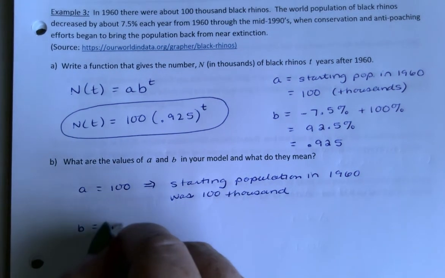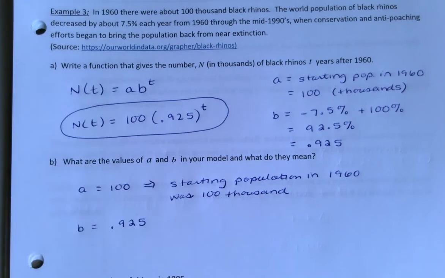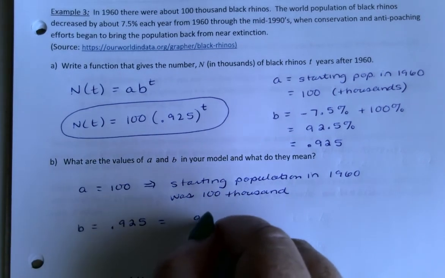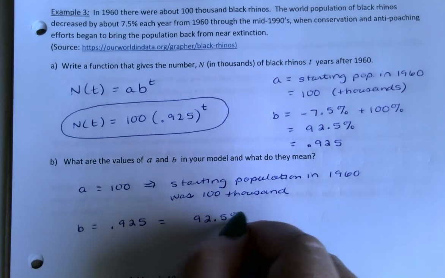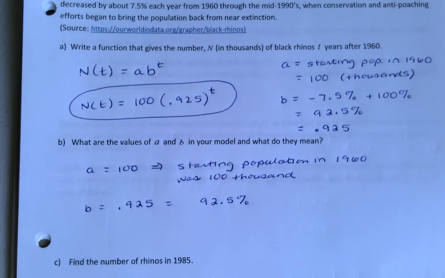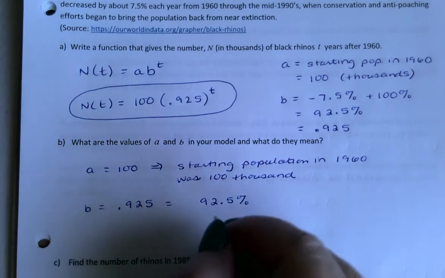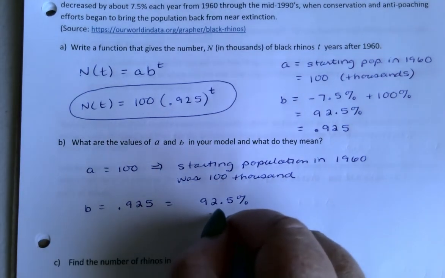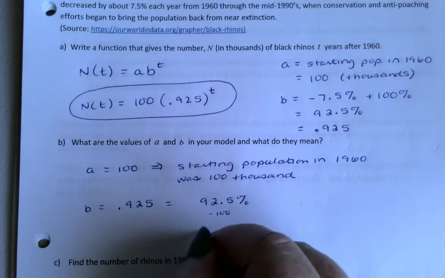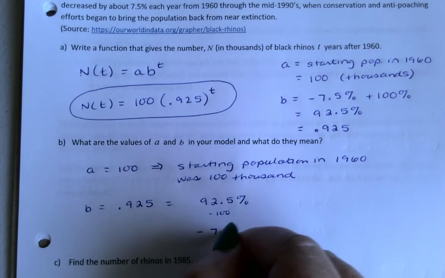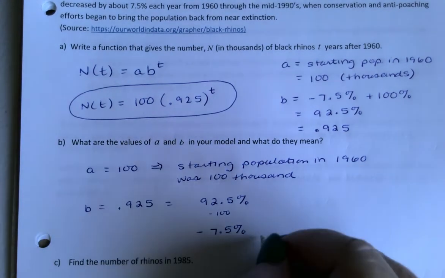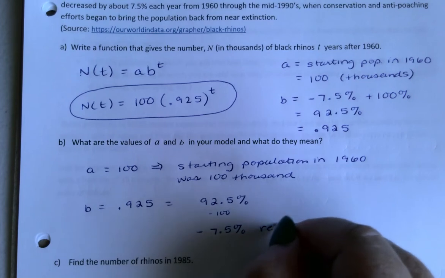And B is 0.925, or 92.5%. In this case, if I compare that to 100, it's kind of like subtracting 100, right? You'd have a negative 7.5% rate of change, relative rate of change.